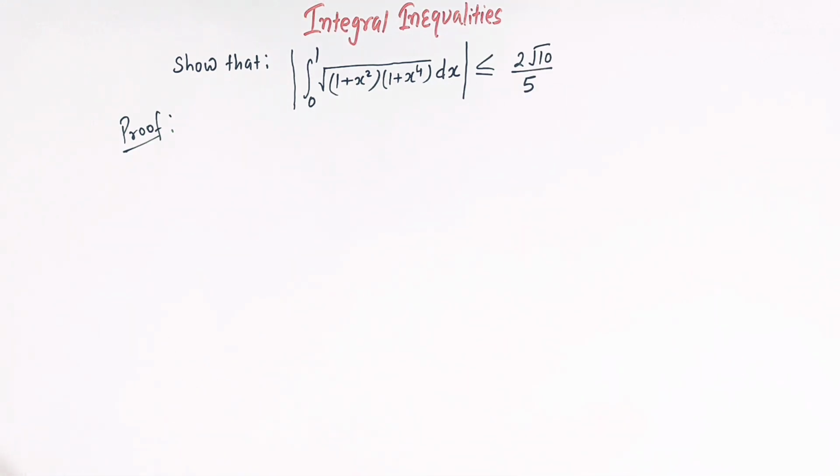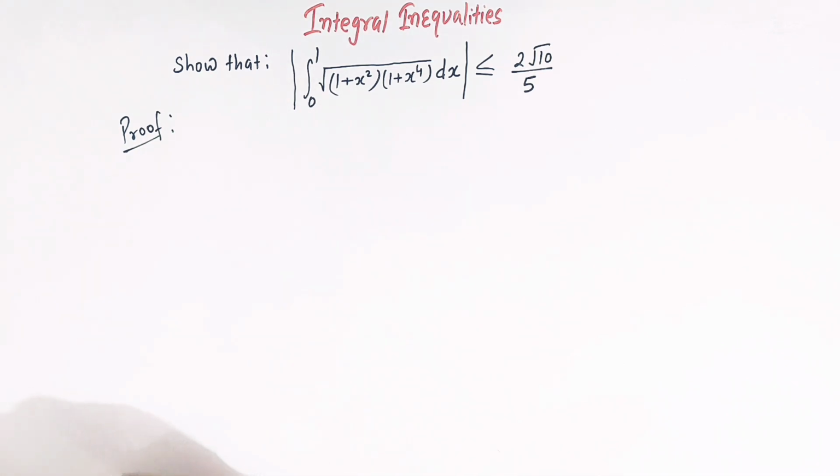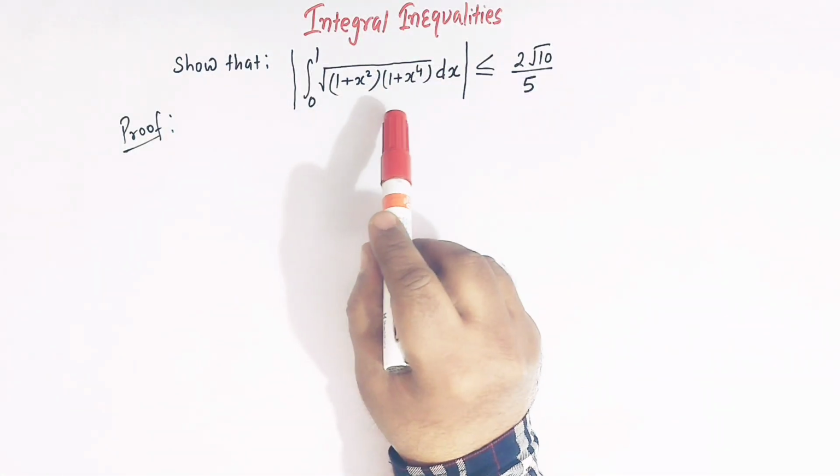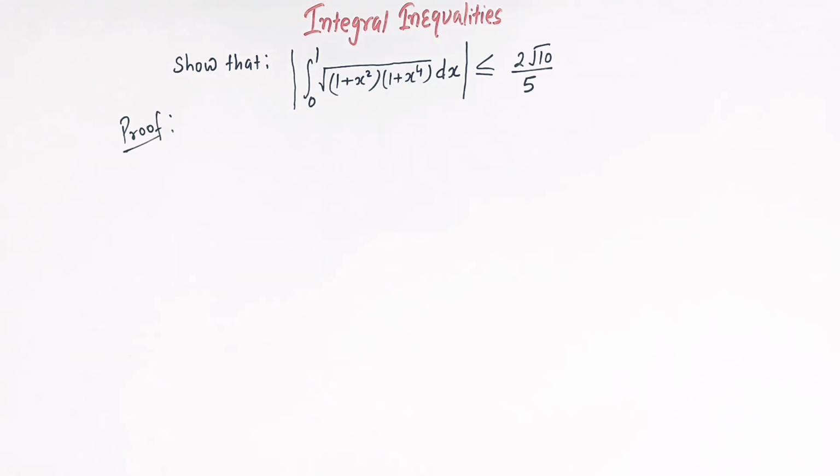So we'll see a new inequality or a new result, which is also known as the Cauchy-Schwarz inequality, which will be used to prove this integral inequality, right?